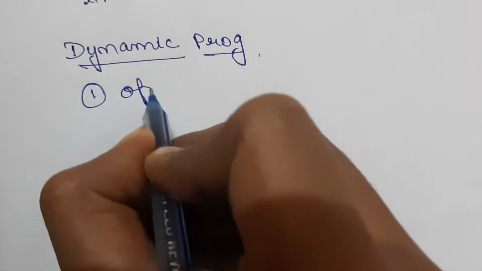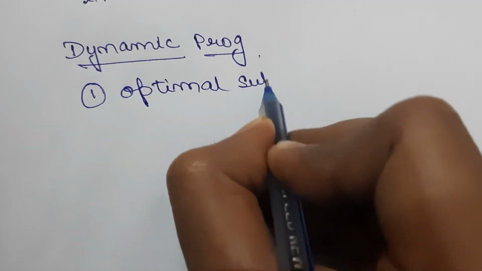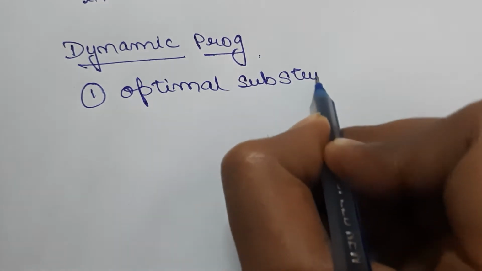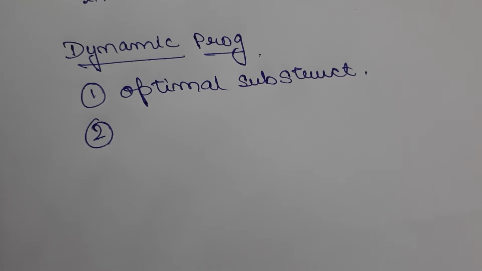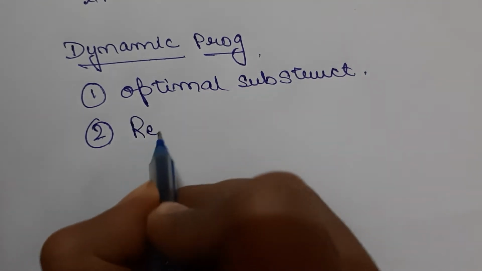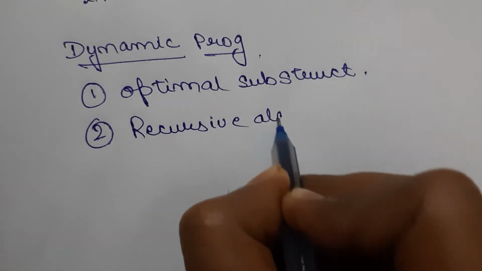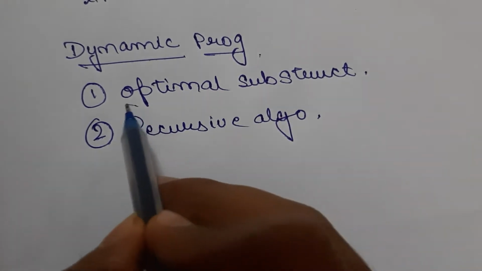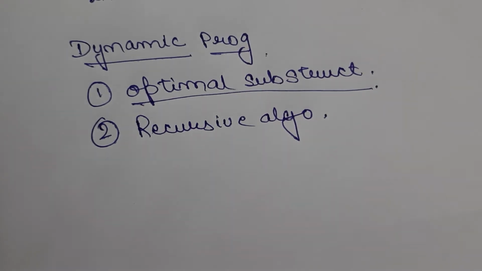One is optimal substructure, another is the recursive algorithm. What does optimal substructure mean? It means the problem should be divided into many small subproblems.